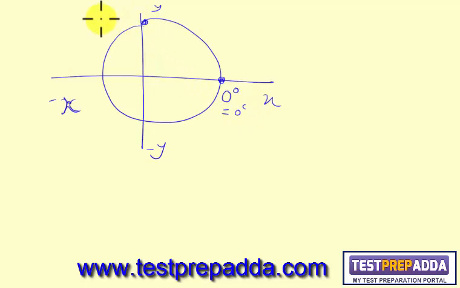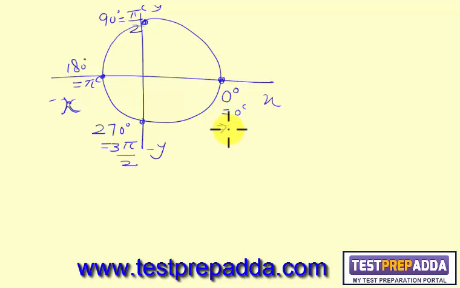This is 90 degree or pi by 2 radian. This is 180 degree or can be written as pi radian. This is 270 degree or can be written as 3 pi by 2, and this is 360 degree or 2 pi radian.